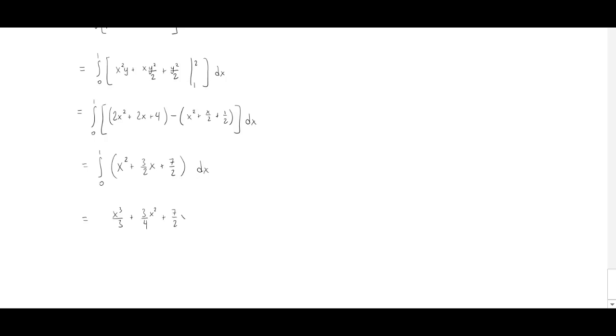Then plug in 1, and we're just going to get 1/3 plus 3/4 plus 7 halves. At 0, everything becomes 0. So then this would be our final answer for the volume. Okay. All right, any questions about that? Okay. Let's see here.